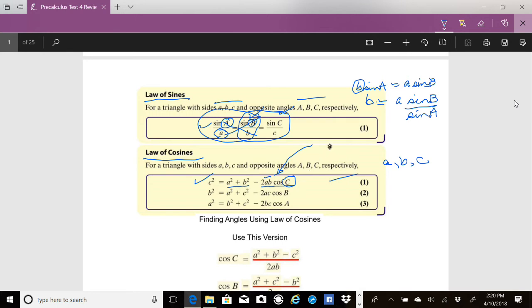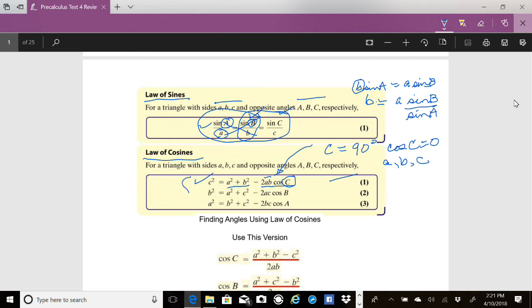And notice if C is a 90-degree angle, cosine of C equals 0, and the formula reverts back to the common Pythagorean theorem that we know, C squared equals A squared plus B squared.